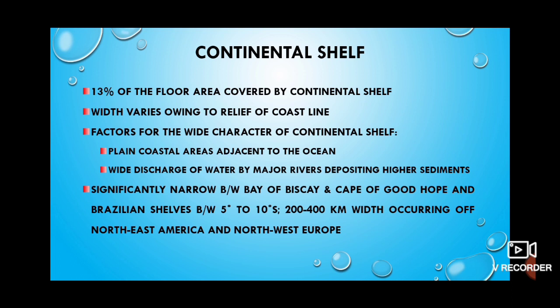Similarly, a narrow continental shelf can also be found in the Brazilian region between 5 to 10 degrees south latitude. However, a continental shelf 200 to 400 km wide can be found along the northeastern coast of North America and the northwestern coast of Europe. Very extensive continental shelves are found in the South Atlantic Ocean, mainly between Bahia Blanca and Antarctica.